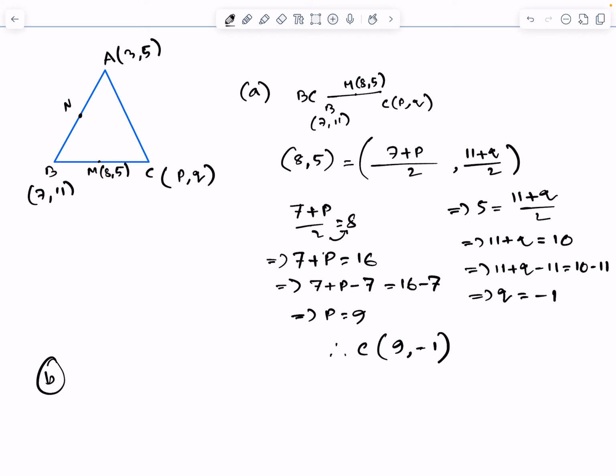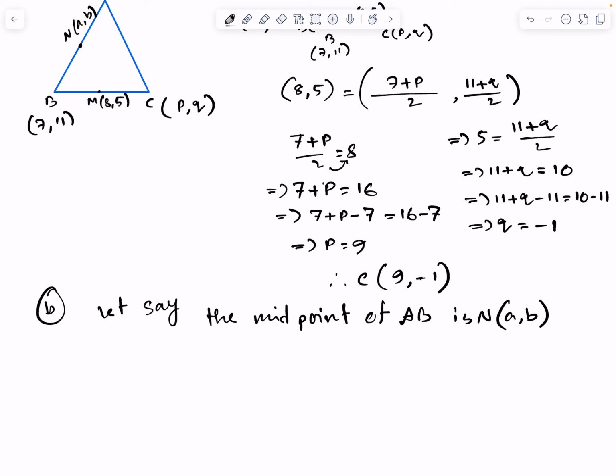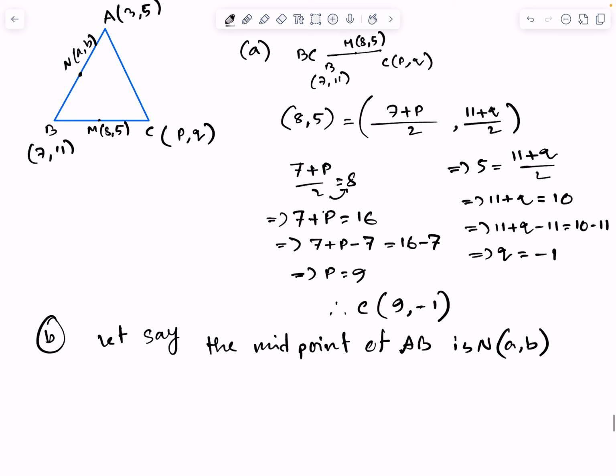No. Let's say the midpoint of AB is N, and the coordinate is (a, b). So let's go. We are going to find the midpoint of AB.